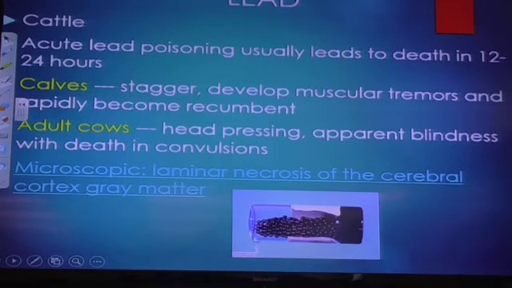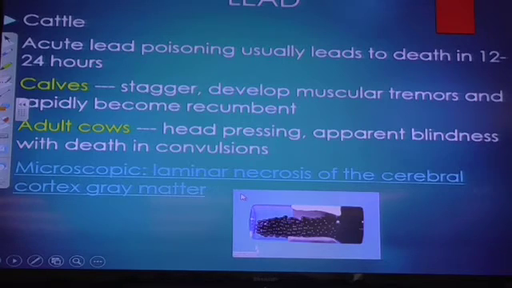So what are these? Okay, good. I'm like, you don't know these? So this is another way that you can get lead toxicosis, but that's unusual. It's usually due to consumption. So how would they get lead? Where would the lead come from? Paint. So they could be licking a wall in an old building or old area, or a fence that has been painted a long time ago.